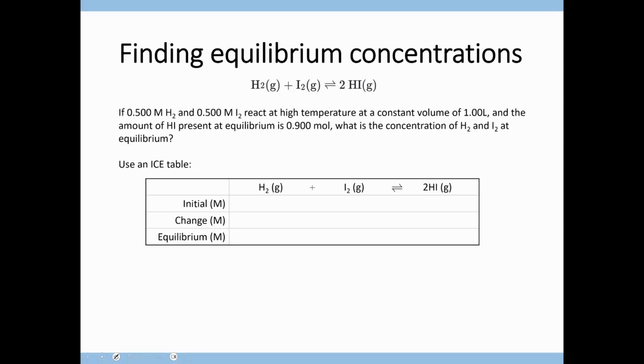We call it an ICE table because we have 3 rows: initial, change, equilibrium, ICE. The initial amounts of all 3 are in the question statement. We have 0.5 molar H2, 0.5 molar I2, and 0 HI. The reactants are forming the product, so we don't have anything at the start.